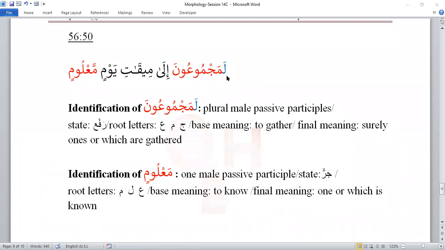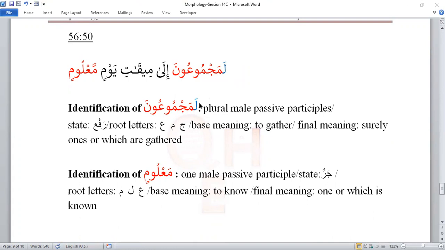We have over here lamajmu'un, lamajmu'una. So over here again, there is a particle before the passive participle. Okay, and this is lam fatha. This is an emphatic particle. So let's go over the details.